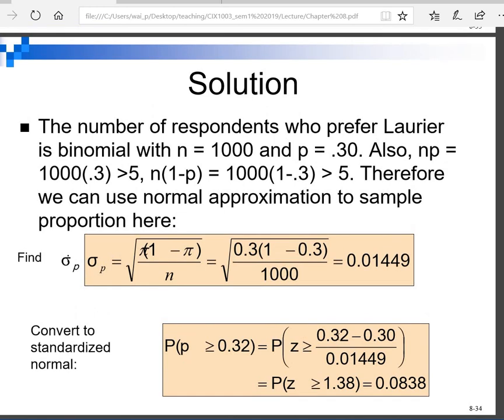So 0.32 minus 0.3, divided by the standard deviation for the sample proportion. To calculate the population standard deviation for the sample proportion, that is square root of pi multiplied by 1 minus pi divided by n, which is 0.3 multiplied by 0.7 divided by 1,000, then square root, we will get 0.01449, which means that the probability of Z greater than 1.38. Refer to your table 3, we can get 0.0838.